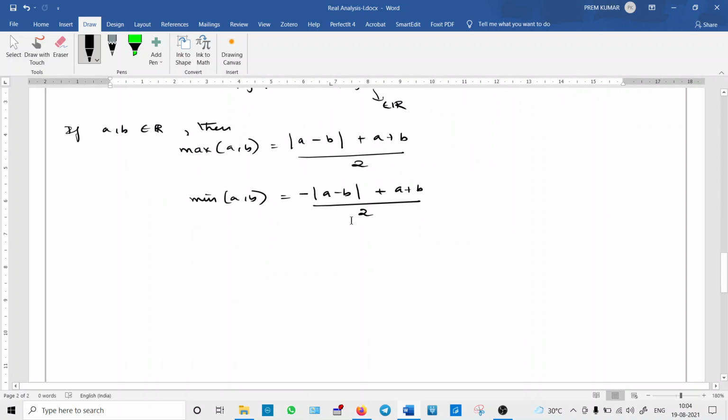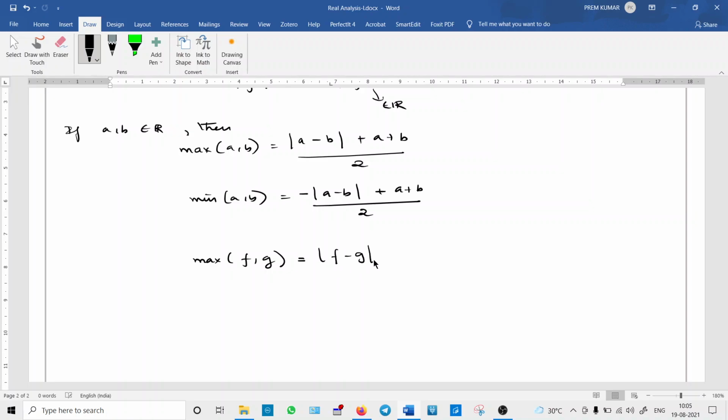Now, similarly, we are defining the maximum of two functions. Already we defined the formula for real numbers; we can use it for the maximum of two functions also. Nothing but the absolute value of f minus g plus f plus g, divided by 2. And what is the minimum of two real valued functions? Minus of the absolute value of f minus g plus f plus g, by 2.